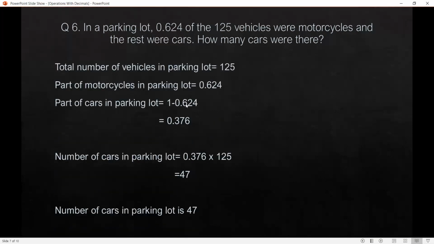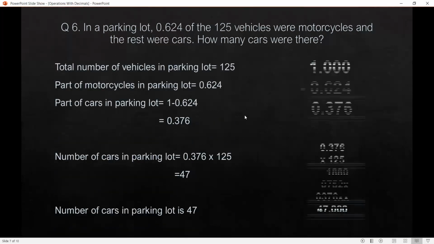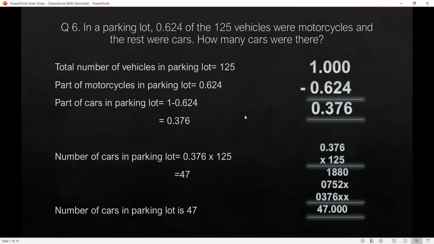So let us start. First of all, we will write the number which is given. So what is given? The first step, total number of vehicles in parking lot equals 125. Part of motorcycle in the parking lot equals 0.624. So let us consider the total cars and the motorcycles as 1. So the part of car in parking lot equals 1 minus 0.624.